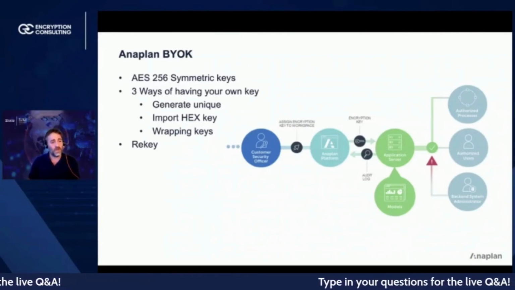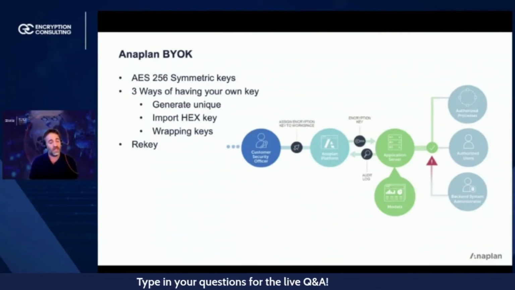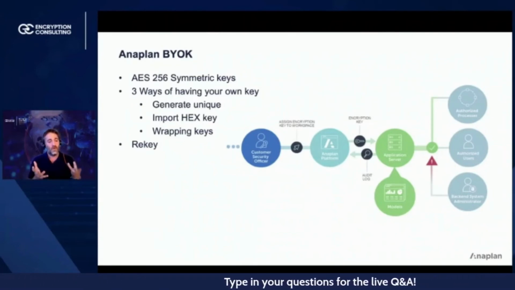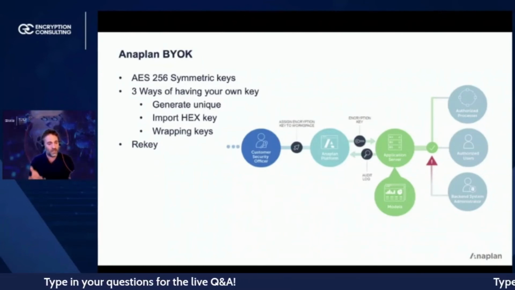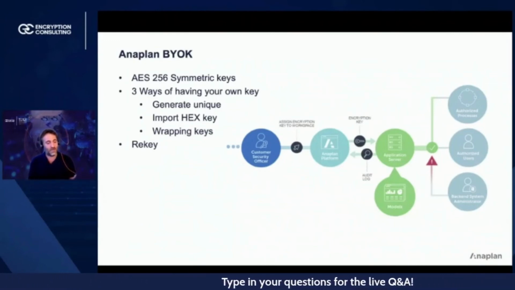They can also do rekey with us. When they have a key that expired and they no longer want to use it, and they want to transform data that was encrypted by that key with a new key, we give them a rekey. Behind the scenes, we don't decrypt everything and then encrypt everything, because that would potentially put their data at risk, even if only for a couple of seconds.